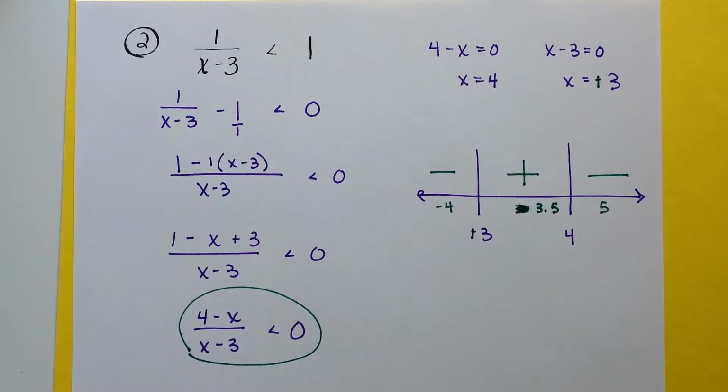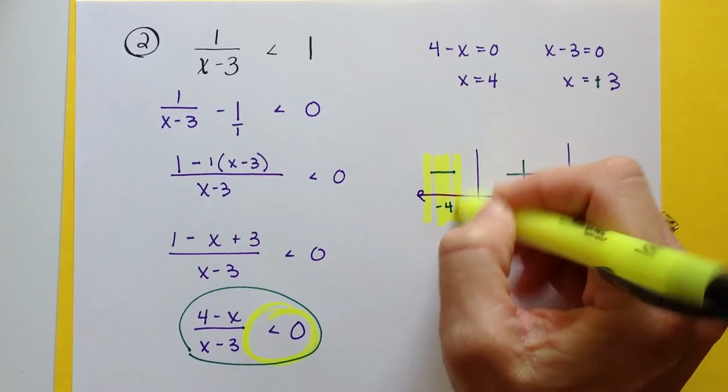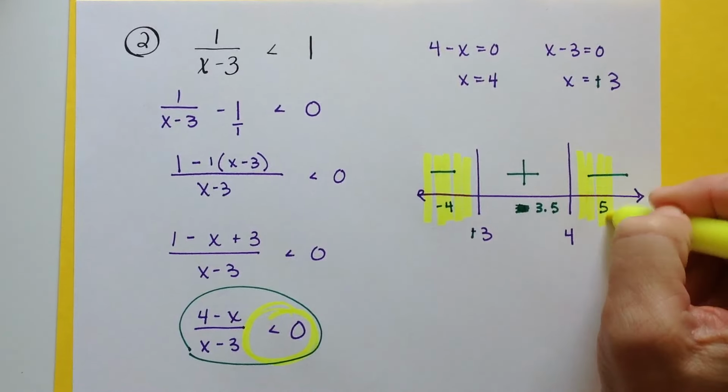Okay. Now, when you're picking your section, you still go back to this step right here, where you have it in the form that you want it to be in. So less than 0 will tell me to go to my negative sections.